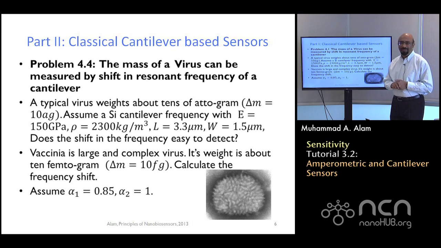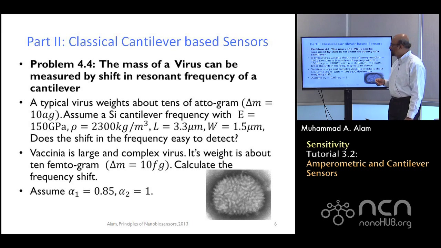Now that was something very interesting because, of course, as things have gotten small, the cantilevers have gotten very, very small. Many people have reported that they can detect virus. What I want to emphasize today through this example is that you have to be a little careful as you look at those papers, read those papers.